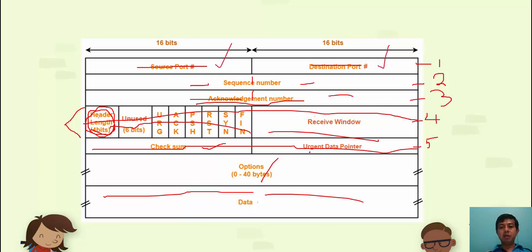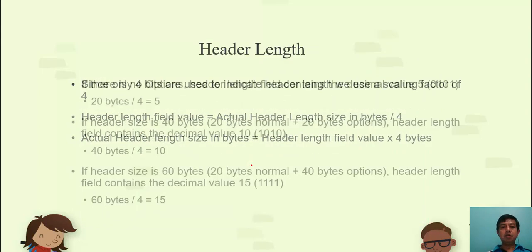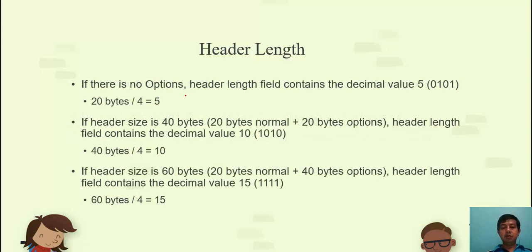When I have 20 bytes of header information, the value here would be 5. If I have more information in the option field, the size will vary. Just for an example, if there are no options, the header length field contains the decimal value of 5. Why 5? Because 20 bytes of header information without options divided by 4 is 5. So this is the value in the header length field.